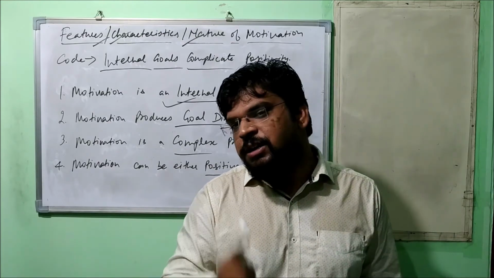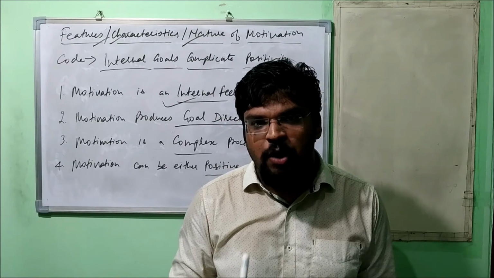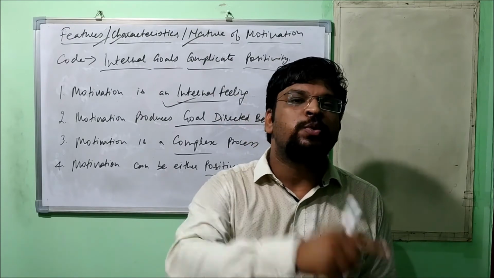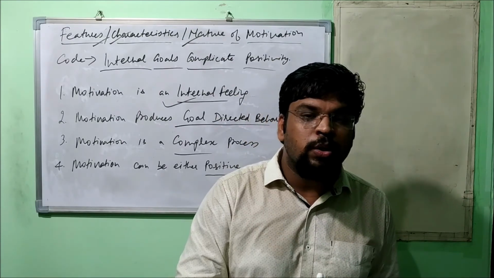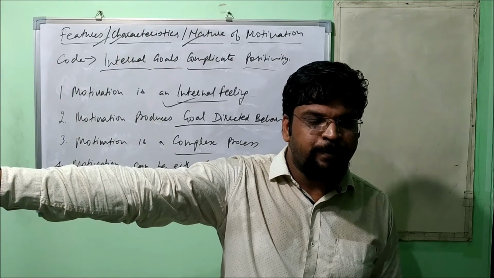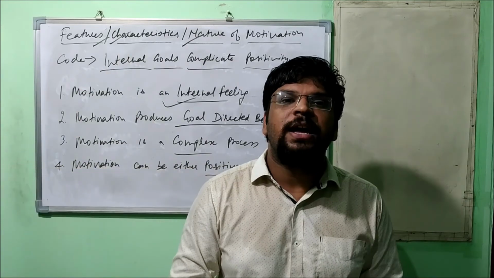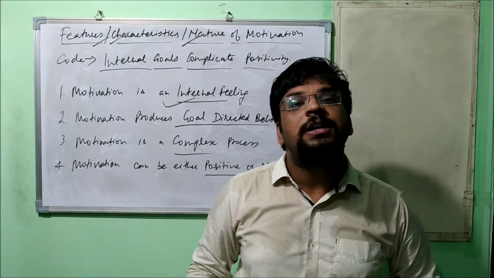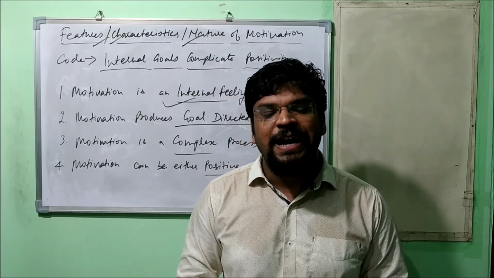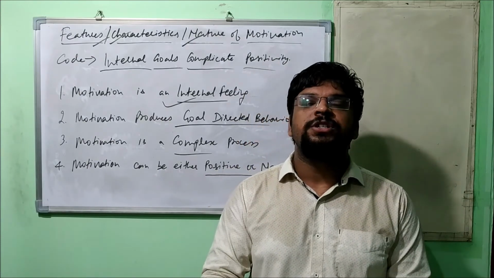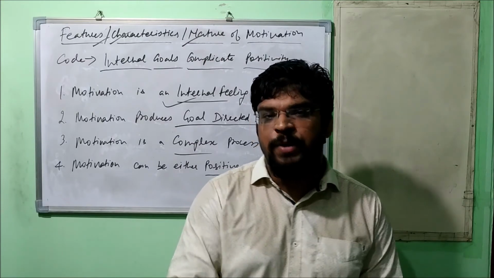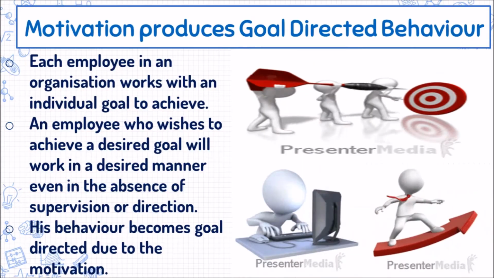The manager has understood his unsatisfied needs. Now the manager has promised him to provide that. He has got the goal to achieve that particular thing, and just because of that, he will try his level best to complete the target. So in that way also we can say that motivation produces goal-directed behavior. Understood the point?